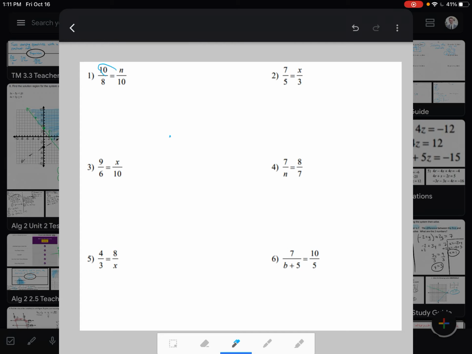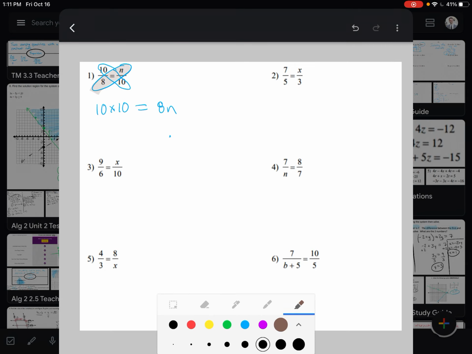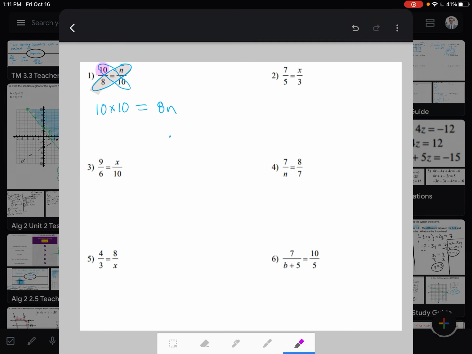The easiest and clearest way to do this is to cross multiply. That means we take the diagonals, multiply them together, and set them equal to each other. On one side we'll have 10 times 10, and on the other side 8 times n. Let's highlight this in 2 different colors so we can see what goes where.